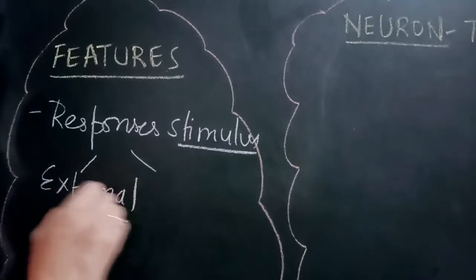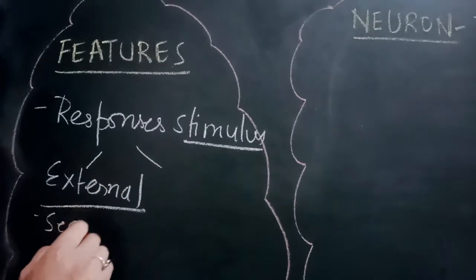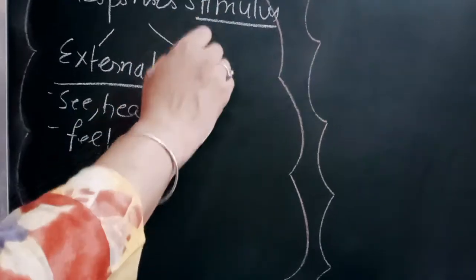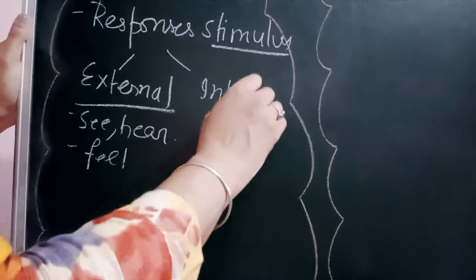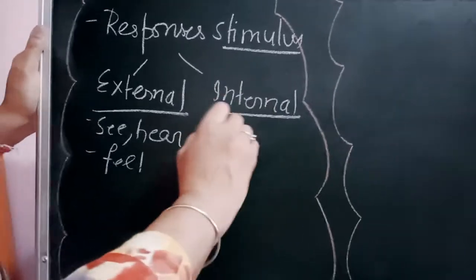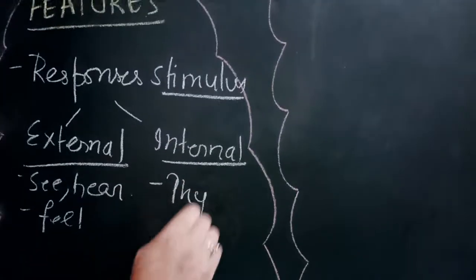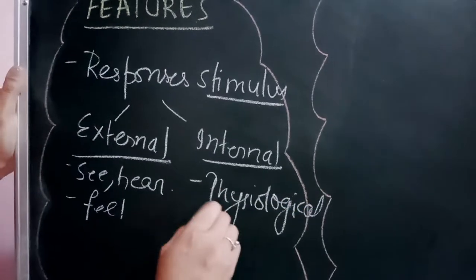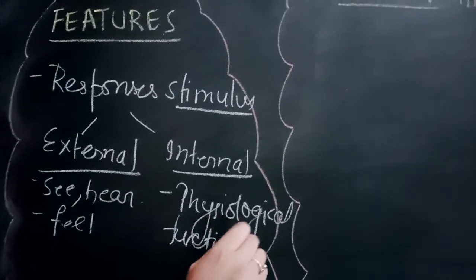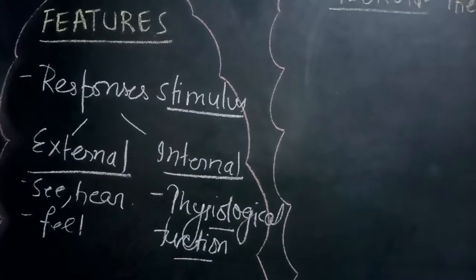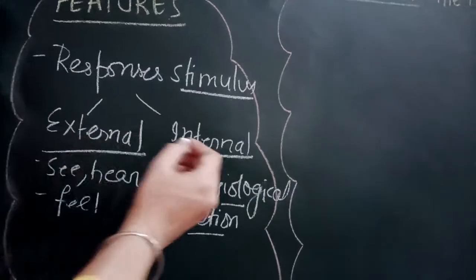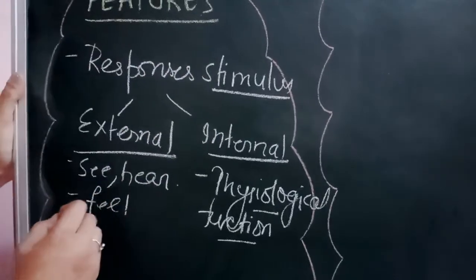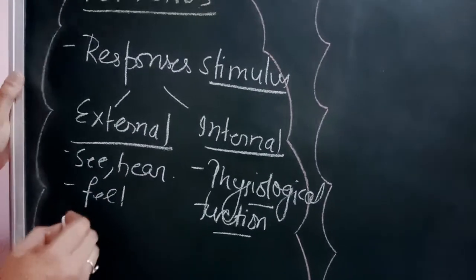External means we see something, we hear something, we feel something, and internal means digestion, excretion, respiration, and various physiological functions that our body performs. All these external and internal responses are shown by the nervous tissue.